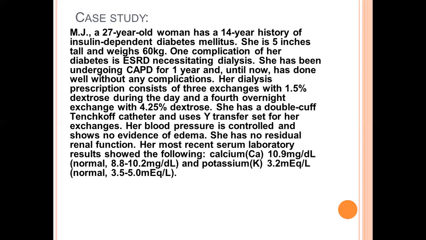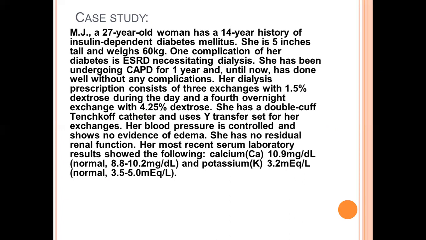Her dialysis prescription consists of 3 exchanges with 1.5% dextrose during the day and a fourth overnight exchange with 4.25% dextrose. She has a double cuff catheter and uses a twin bag transfer set for her exchanges. Her blood pressure is controlled and shows no evidence of edema. She has no residual renal function.